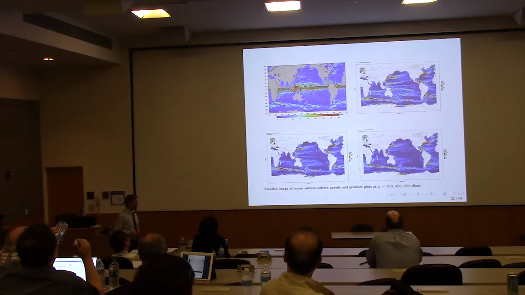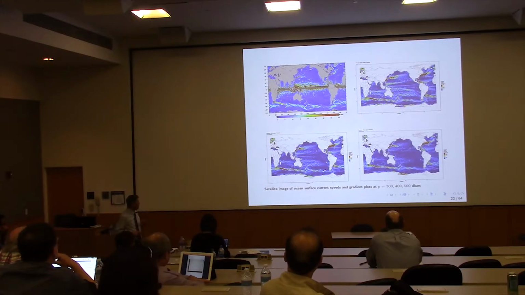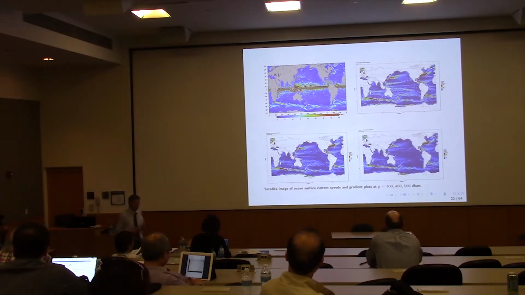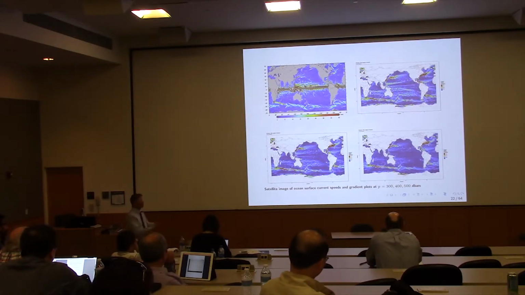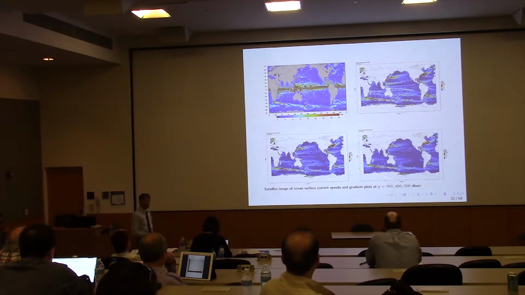And using the same coloring scheme, I'm plotting three plots of the gradient field at three different depths, 300, 400, 500 meters. And somehow they're connected. For example, the details that you see here, you also see on the satellite picture. Now, unlike the satellite picture, which can only look at current speed on the ocean surface, we can go down below the ocean and look at the gradient fields for temperature change.